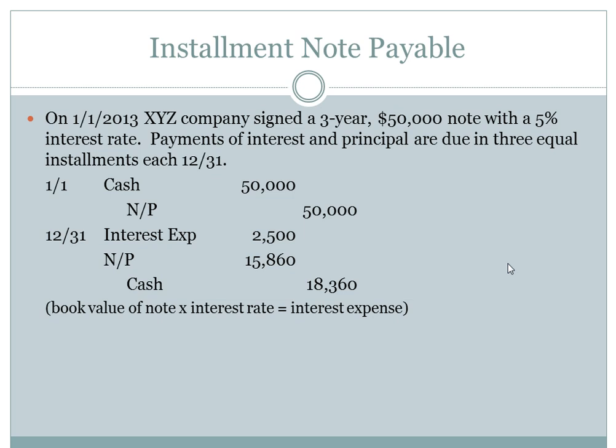Now what I have to do is deal with my balance sheet. We're going to go into a little bit more depth here for installment notes, because part of the remaining balance of note payable is going to be paid in 2014, and part of it is going to be paid off in 2015.